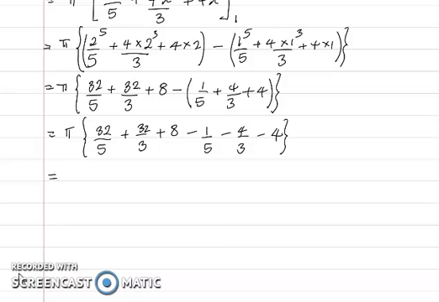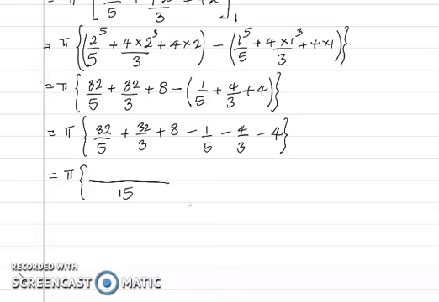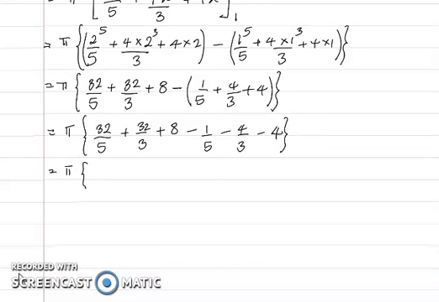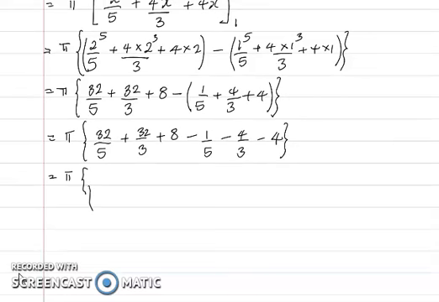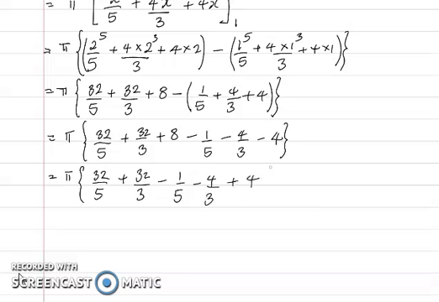So this is pi, and in brackets I have 32 over 5 plus 32 over 3 minus 1 over 5 minus 4 over 3 plus 4, because 8 minus 4 is 4.